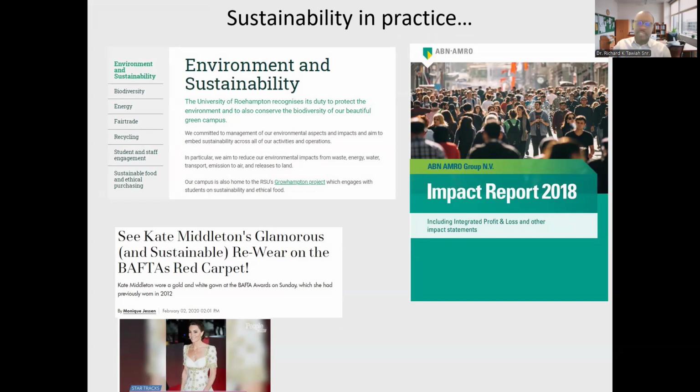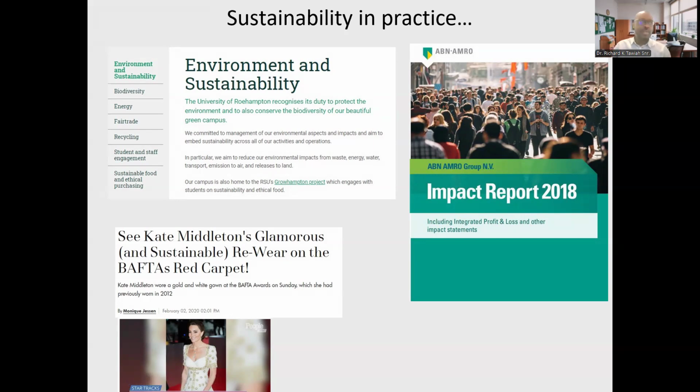Sustainability in practice. Have we seen this before? Yeah, over and over. Environment and sustainability: there's this publication, University of Roehampton recognizes its duty to protect the environment and to also conserve the biodiversity of our green campus. Today in the UK higher education sector, universities are even ranked as the best in sustainability.